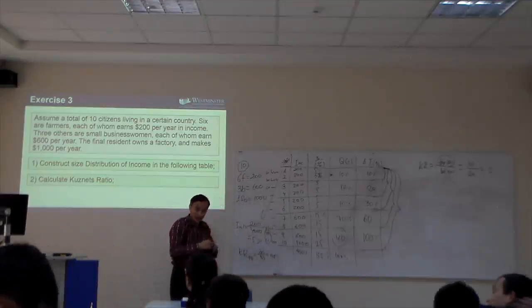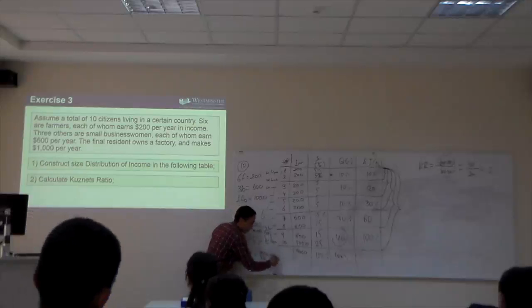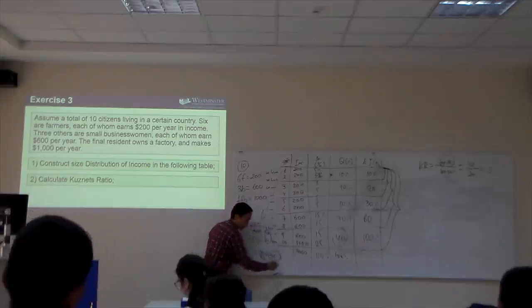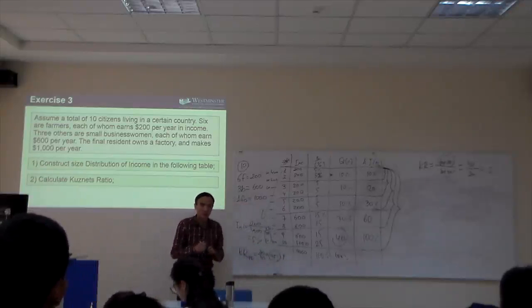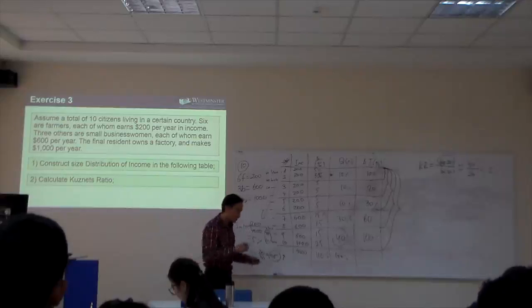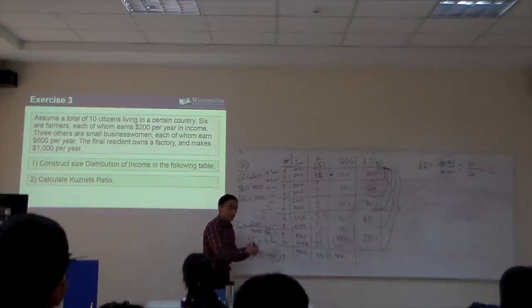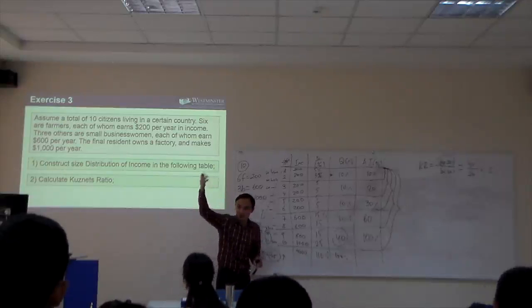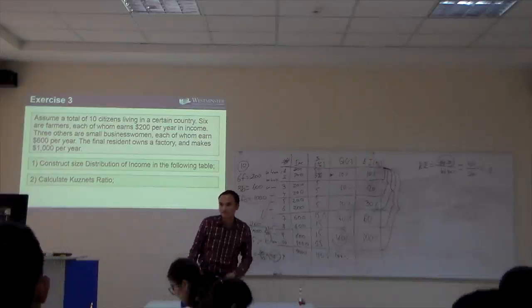So if you see any country where the Kuznets ratio exceeds 0.5, it indicates that there is income inequality in that country. Once that ratio gets bigger and bigger, it indicates the severity of income inequality in that country. Good.